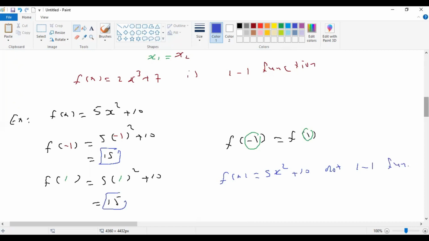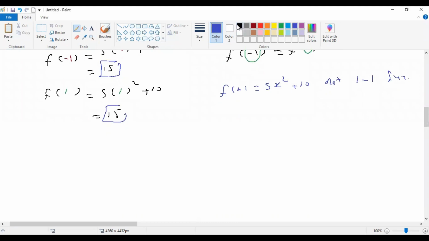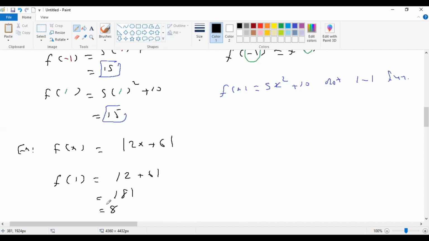Another example. Let's say f of x equal to the absolute value of 2x plus 6. Now, the absolute value function also will not be one-to-one. For example, if I say f of 1, what is f of 1? It will be the absolute value of 2 plus 6, which is the absolute value of 8, equal to 8.